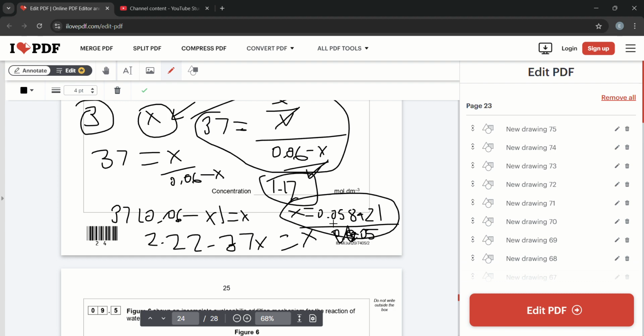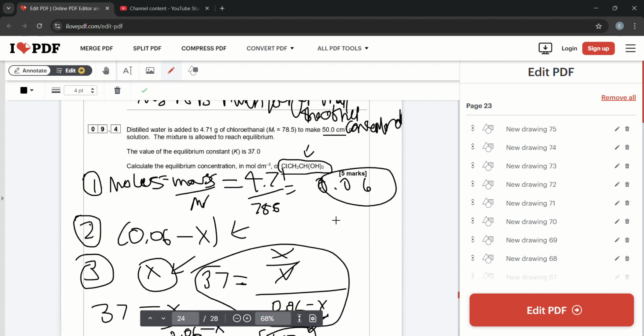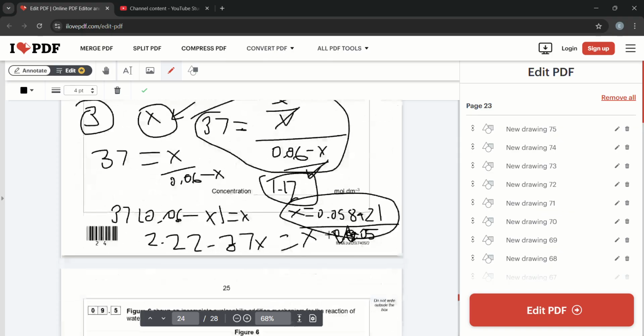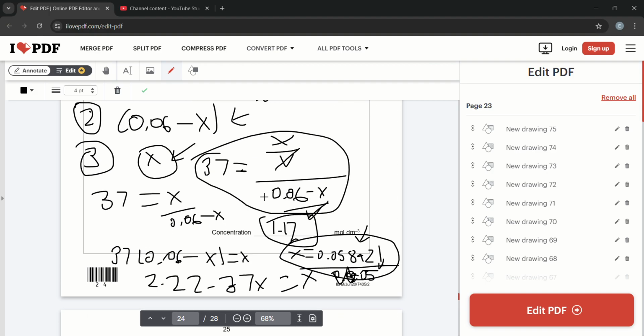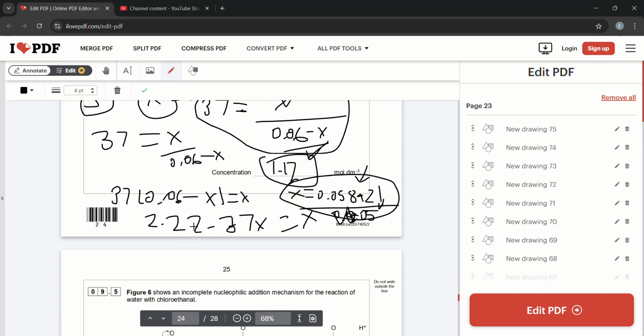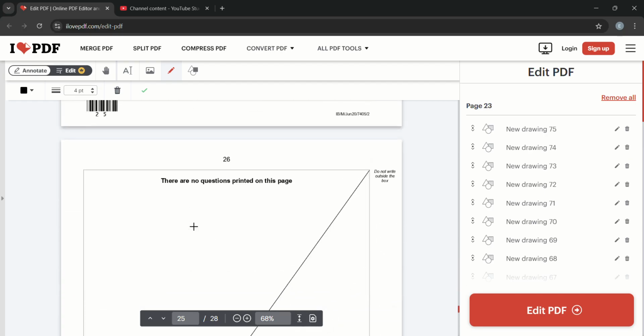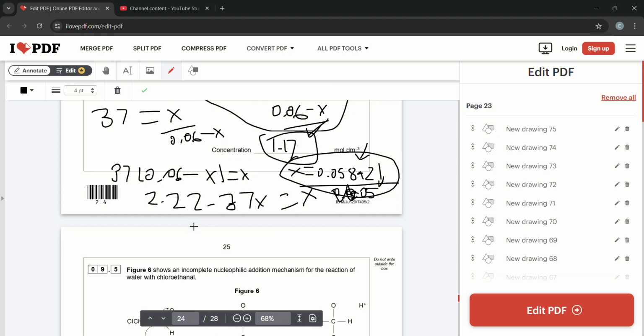However, this is not the answer we're looking for. These are just the equilibrium moles, so moles is concentration times volume. Concentration equals moles divided by volume divided by 1,000, and then you get 1.17. That is not the end of question 9.